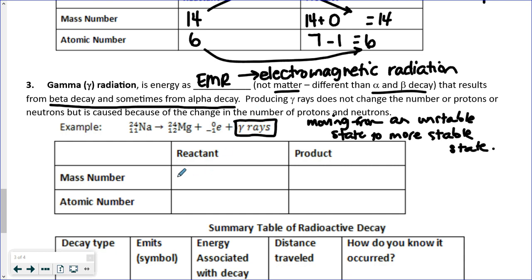So we see that our reactant has a mass number of 24. Still the same in the product for our beta decay because an electron has no mass. Atomic number is 11. Oops. So 12 plus a negative 1 is still 11.